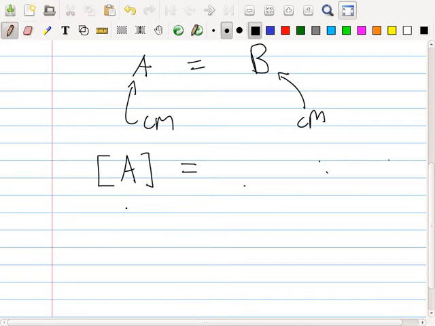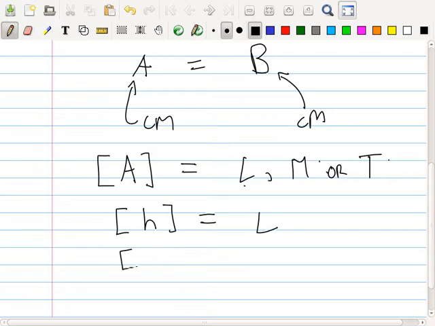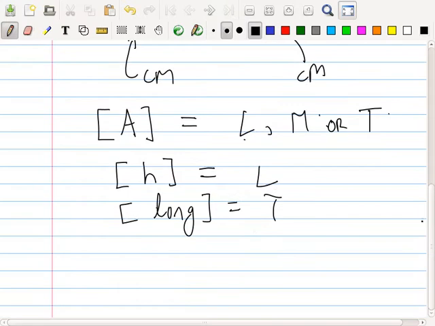So for example, height. What one is that? It's a length. It could be length, mass, or time. So which one is height? The length. And then what else could we do? How long the class is. That's a time one. But this symbol is pretty flexible.